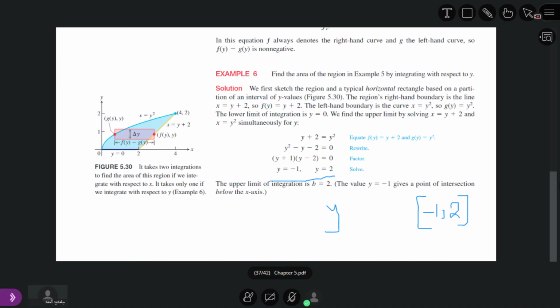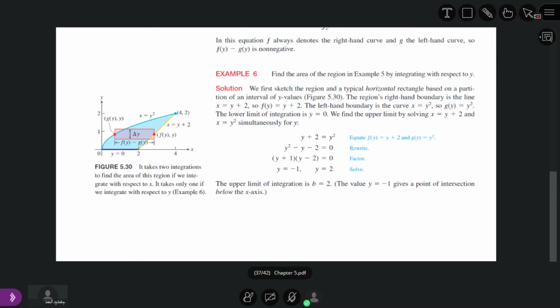Because minus 1 does not lie in the first quadrant, we have to integrate from 0 to 2. Okay, you got my point.